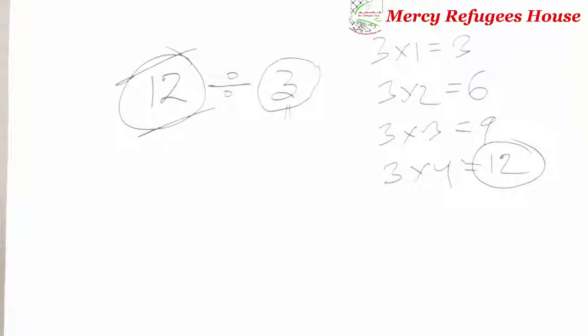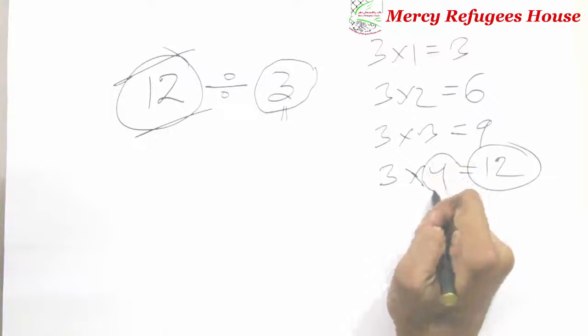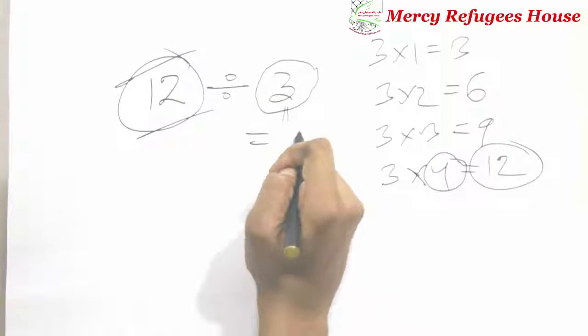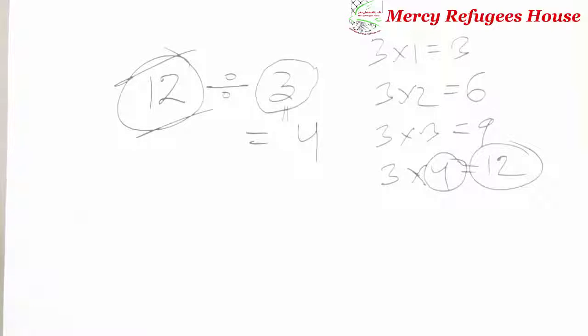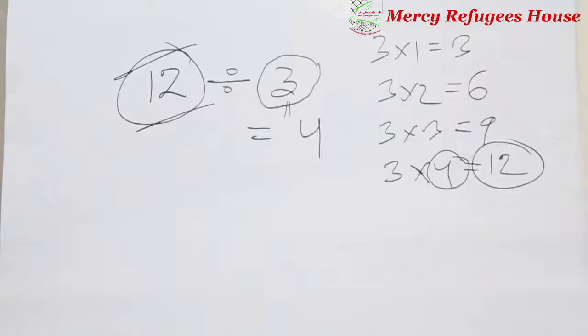Once we get it, that should be the answer. To get there, we needed 4. So the answer here is 4. That means each person can have 4 biscuits. If you give 12 biscuits among 3 people, you can give 4 biscuits to each person.